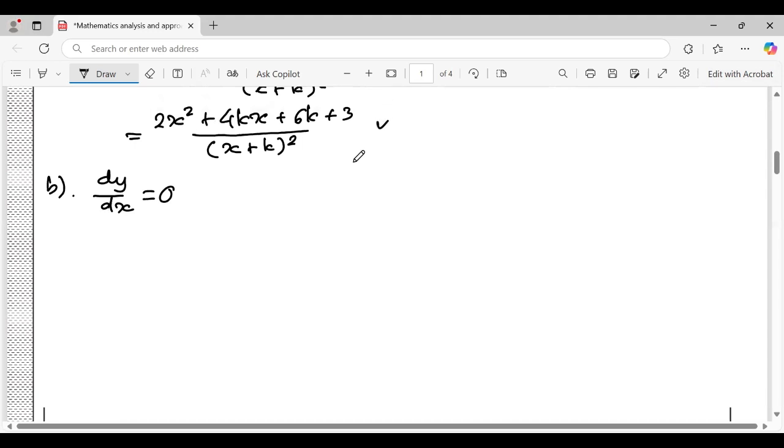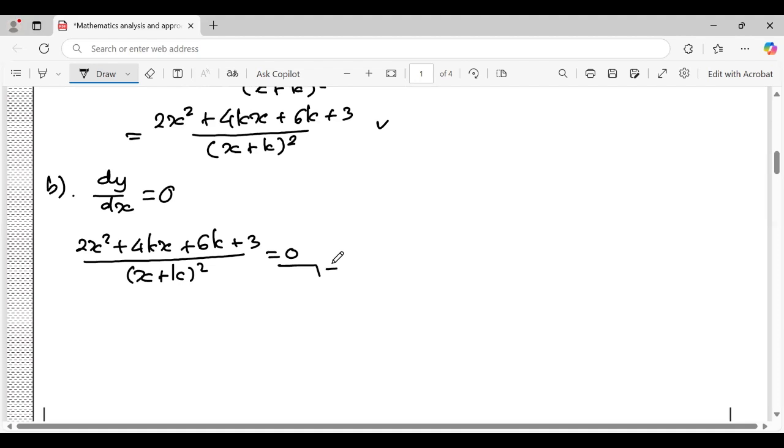So it means this expression equals 0: 2x squared plus 4kx plus 6k plus 3 over x plus k squared equals 0. Now multiply the left hand side and right hand side by x plus k squared.